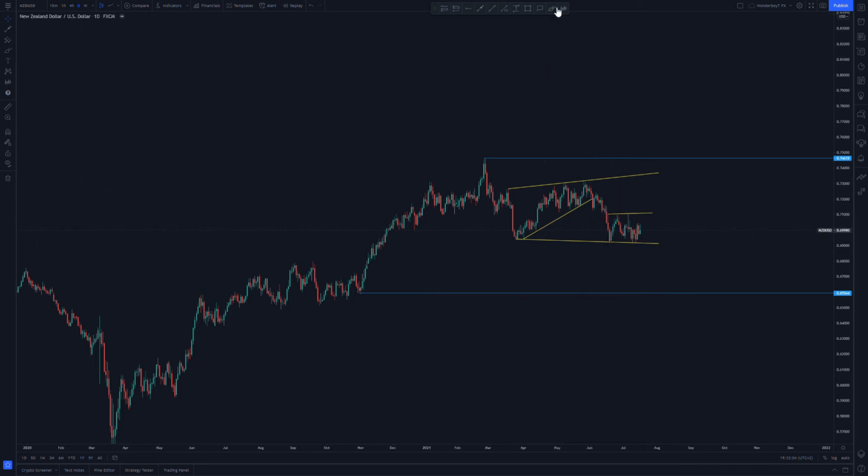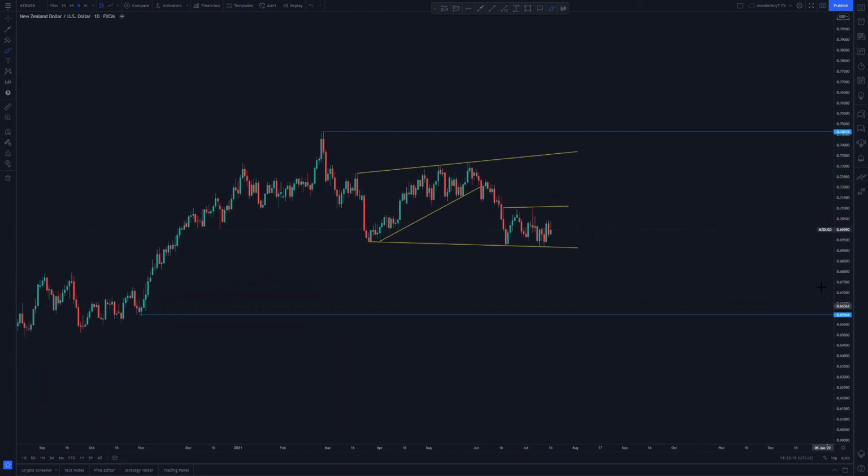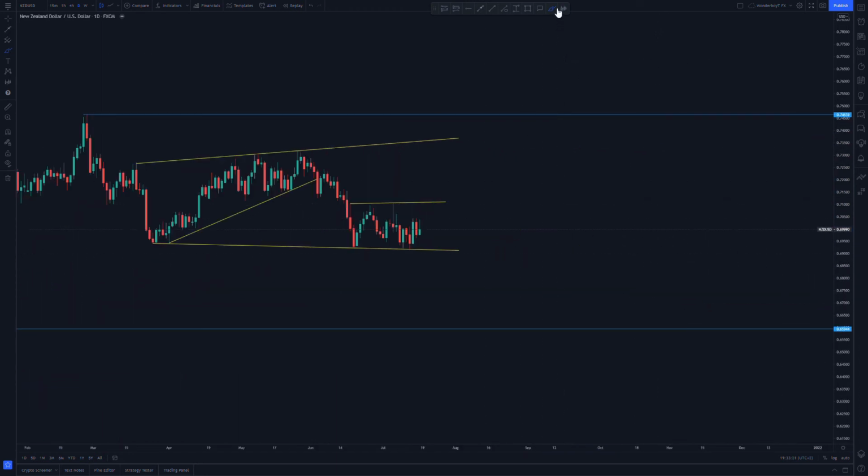forming here because you're coming from this push and then now it's met with a corrective move, then continued push to the downside to this low. And there is another structure here as well. As you can see, we have this push and then price is moving correctively here.